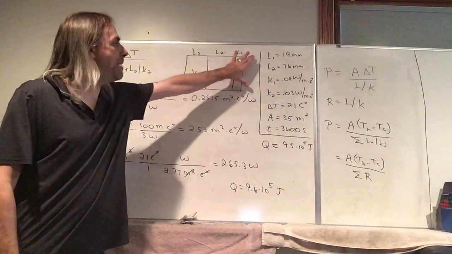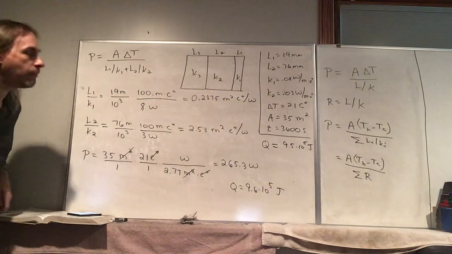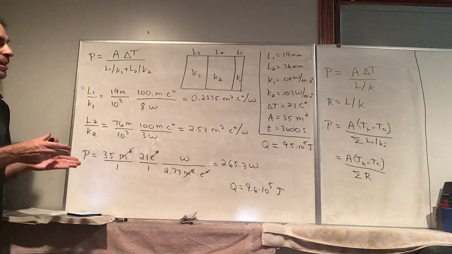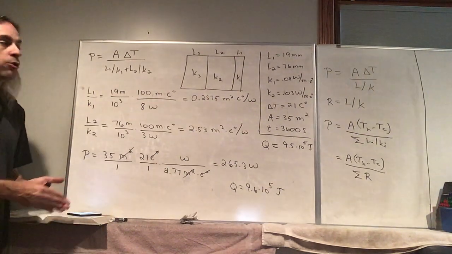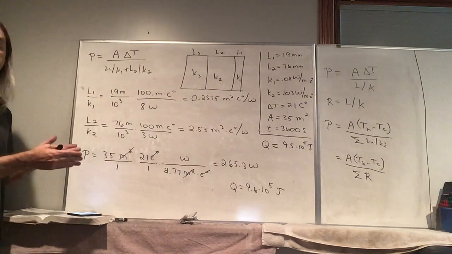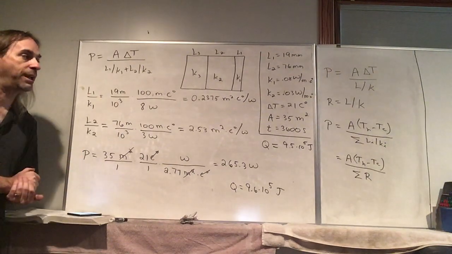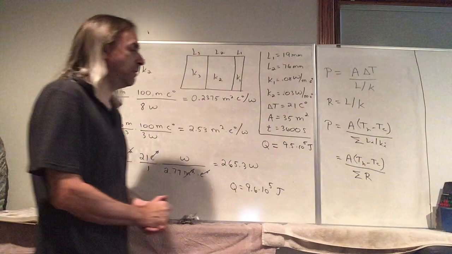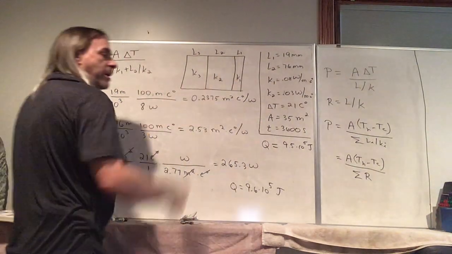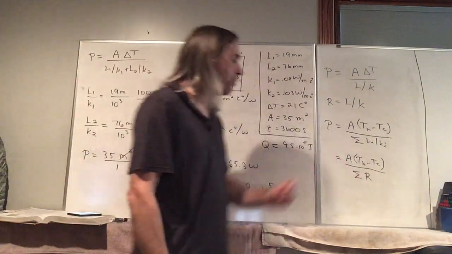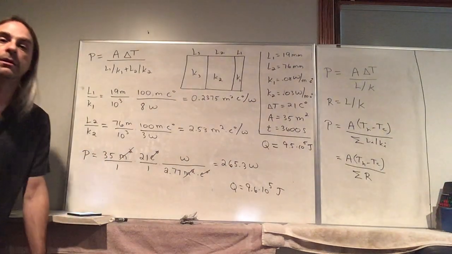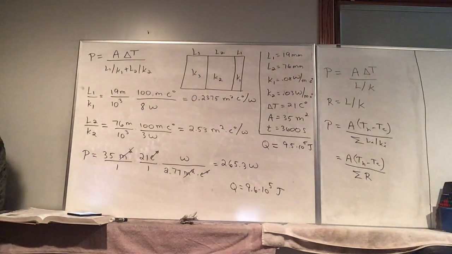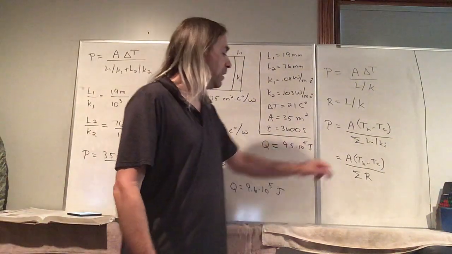So we're assuming the same area throughout, but each material has this R value that depends on its length and the thermal conductivity. And then however many materials we have, we just add up all those R values for the denominator. So it's a very compact formula here.